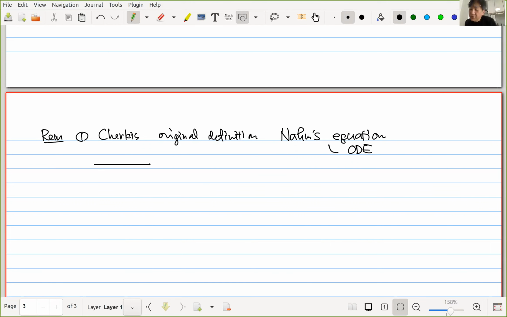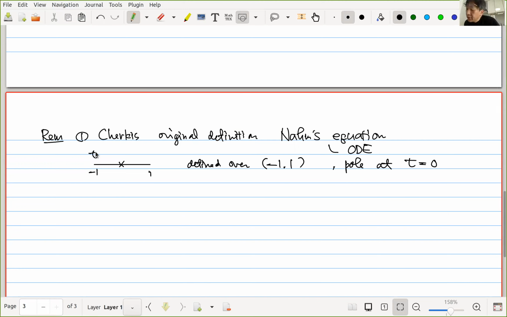It is defined over an interval, and it is continuous at minus 1, but it has a pole at 0.